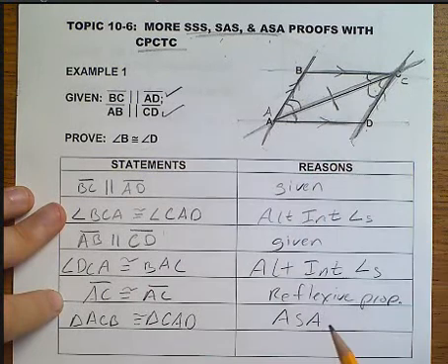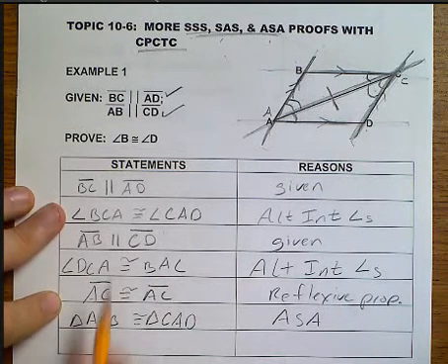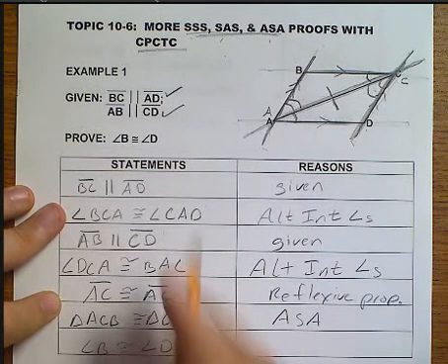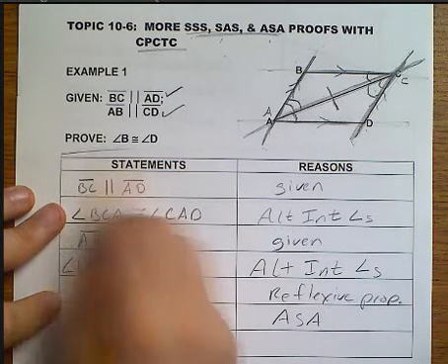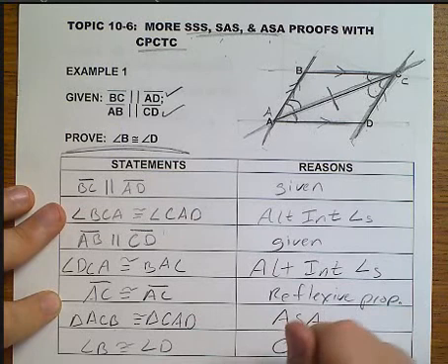Just want to make sure I get them right. Because now I need to be able to say that angle B is congruent to angle D. They're both the last ones in here, so I know this. It's also my proof statement. I know this because of CPCTC.